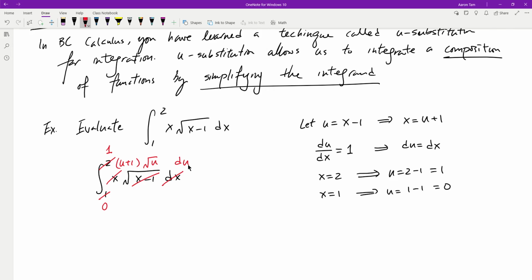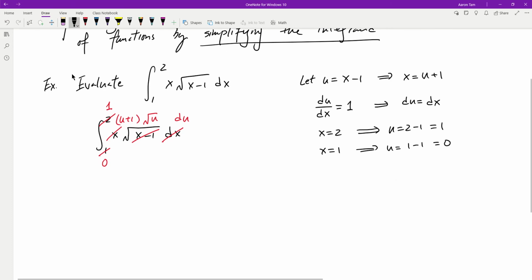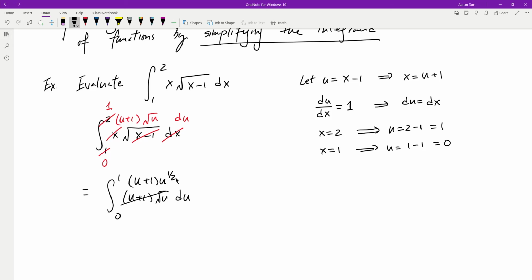So that's basically what we normally do in a change of variable or u substitution: changing everything to the new variable. After I do that, my integral turns into the integral from 0 to 1 of u plus 1 times radical u du. To evaluate this, u plus 1 times u to the 1/2 power turns into u to the 3/2 plus u to the 1/2.